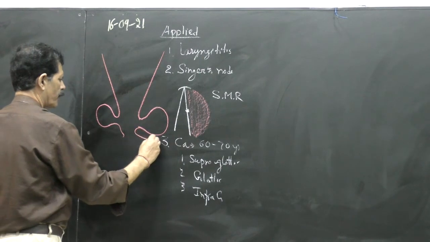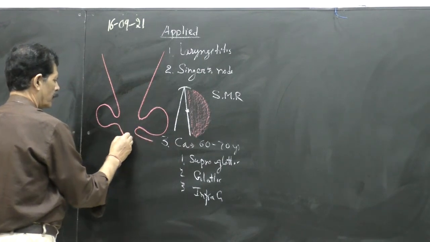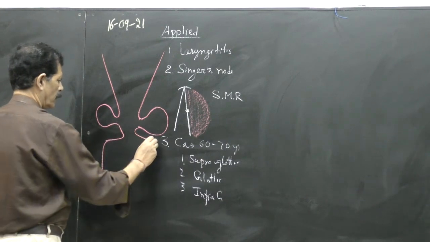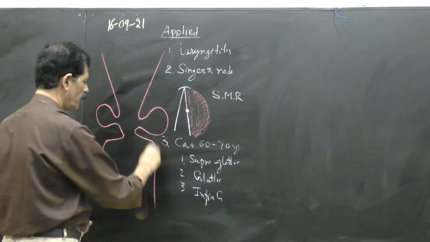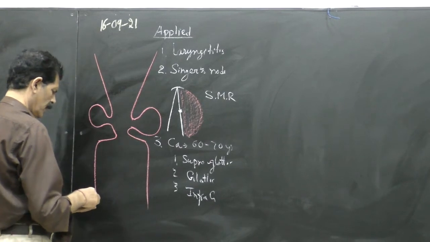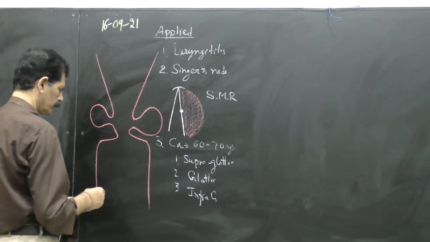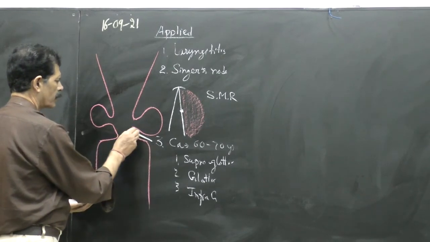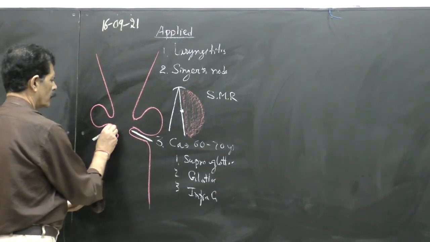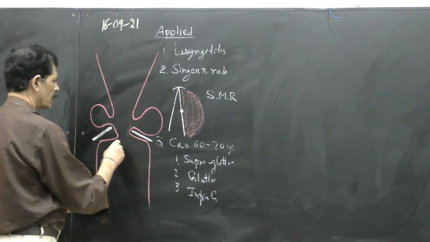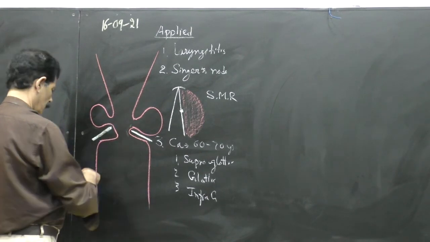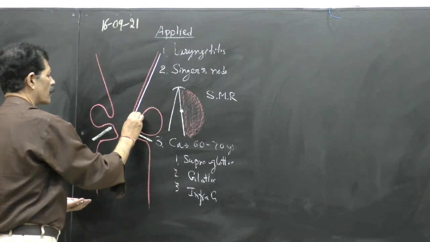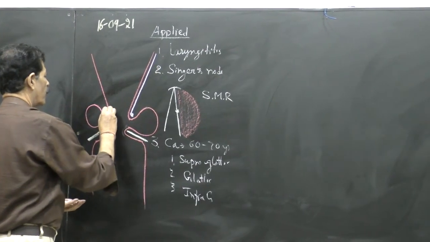Then these are the vocal folds, and this is the mucous membrane covering the inside of the trachea. Here lies the cricovocal membrane, the vocal cords, and here lies the lower end of the quadrangular membrane, that is called the vestibular fold.